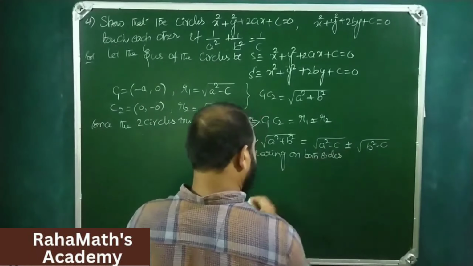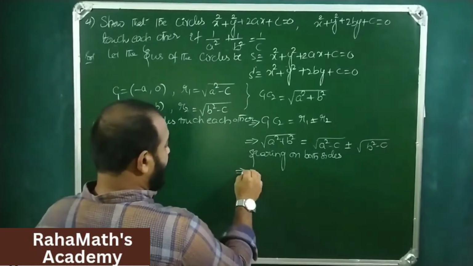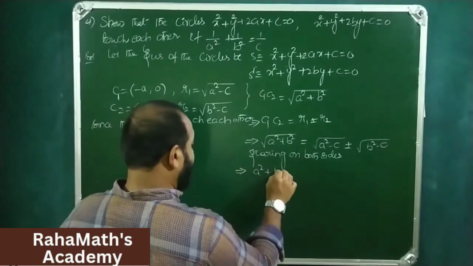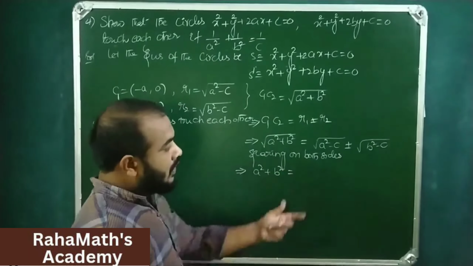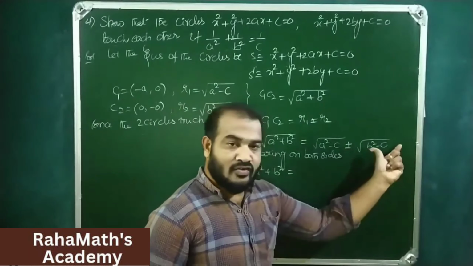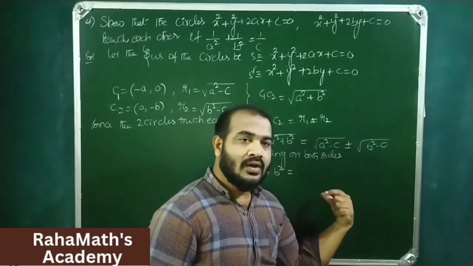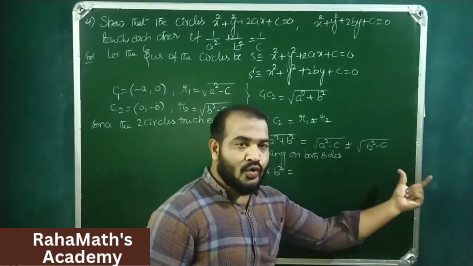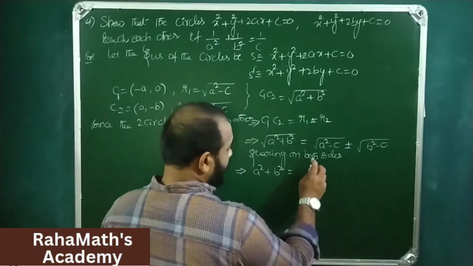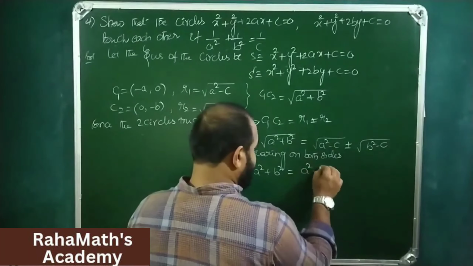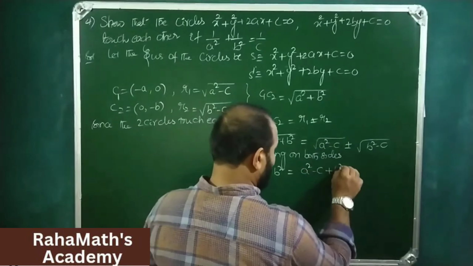Squaring on both sides, the square root gets cancelled. A square plus b square equals to a plus or minus b whole square, which is a square plus b square plus or minus 2 root of a into b, so this is a square minus c, and this is b square minus c.